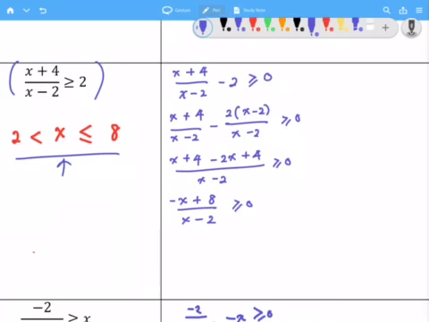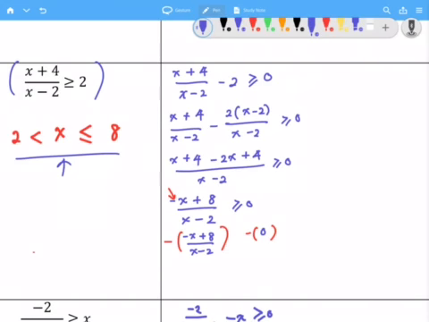Now the next step is to change the coefficient of our x here because we don't like this negative sign. So how to solve this? You just simply multiply the whole equation, negative x plus 8 over x minus 2, with negative, and this side also you multiply with negative.